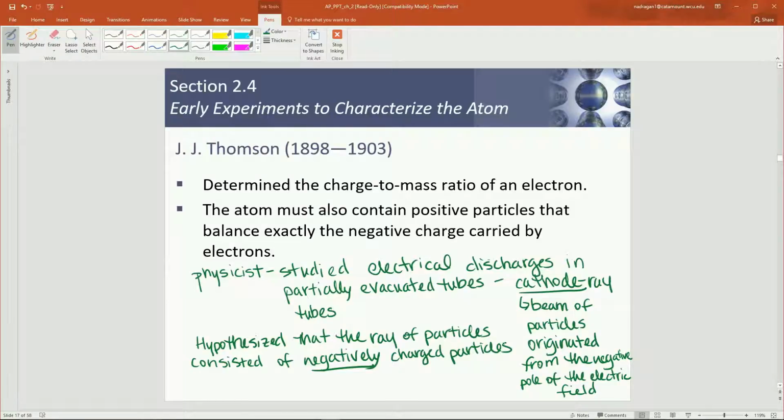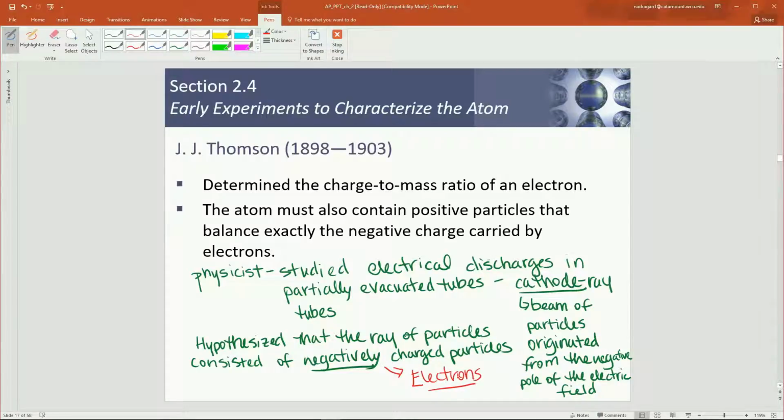We now know that these negatively charged particles that he hypothesized about are electrons. That is what we call them today.